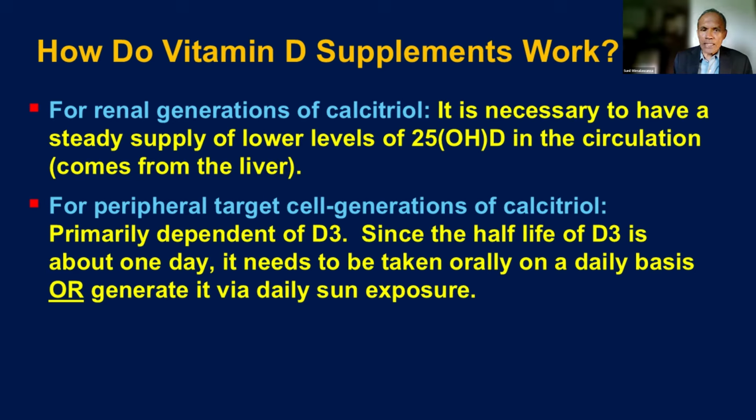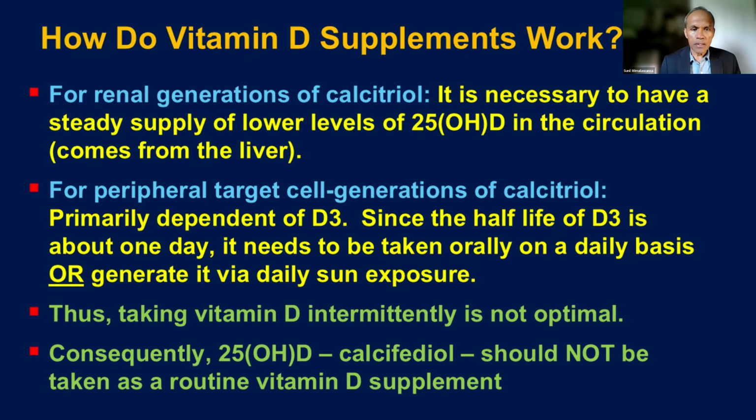Whereas peripheral target cells like immune cells need D3 predominantly. 25-hydroxy D does get in, but the free component in the blood is very small, so the amount getting in is minuscule. Because of this, daily D3 administration is the most preferred way to get vitamin D3, not only as a supplement, but even more importantly while somebody is in the hospital.